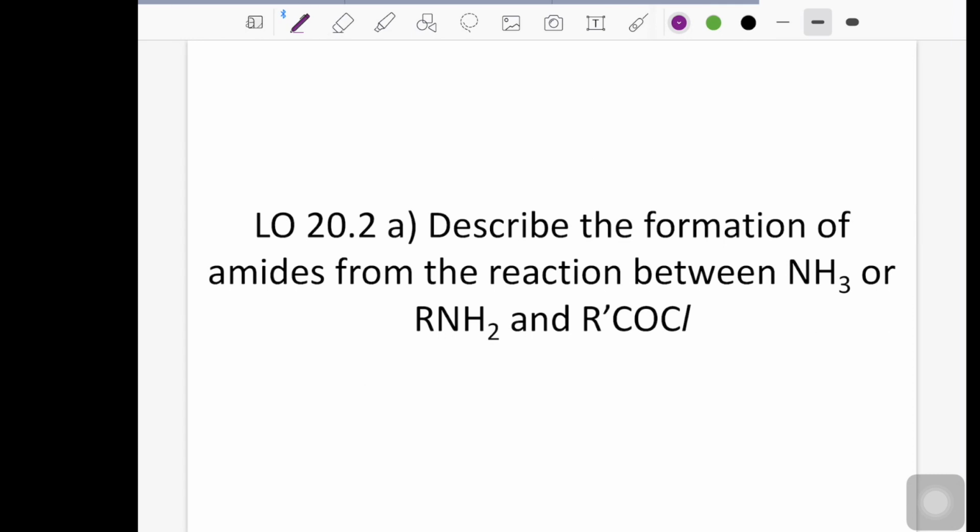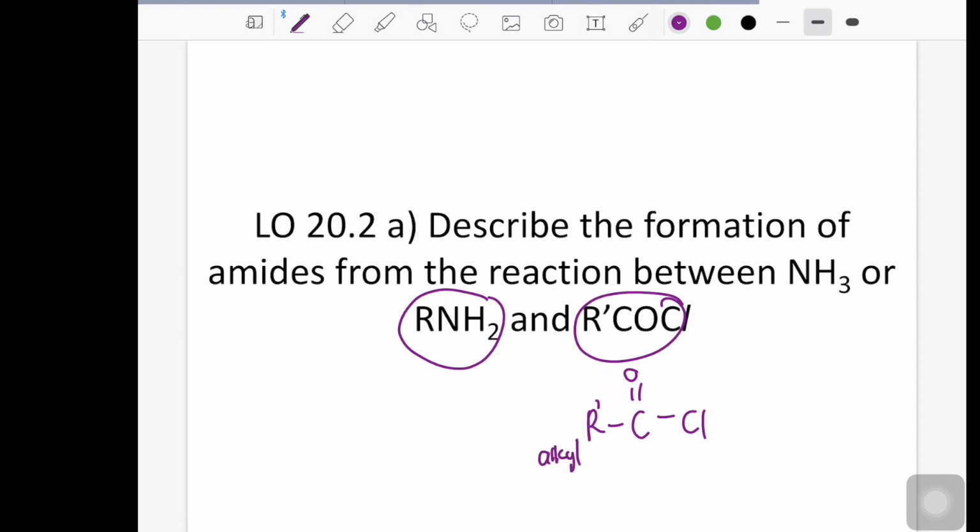Describe the formation of amides from the reaction between NH3 or a primary amine with RCOCl. Now if you draw your RCOCl, it looks like this and nothing else, no other version. The R1 here means it is an alkyl group.